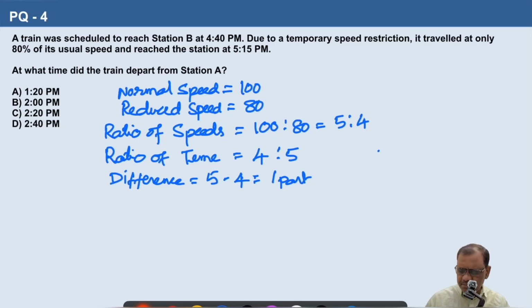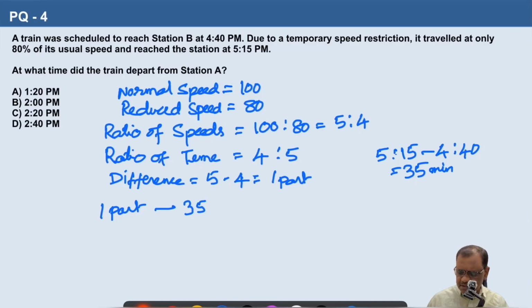So 5:15 minus 4:40: from 4:40 to 5 is 20 minutes, plus 15, total 35 minutes. So 1 part is equivalent to 35 minutes.